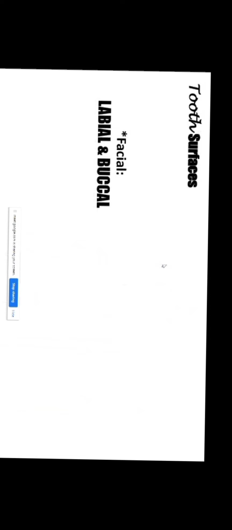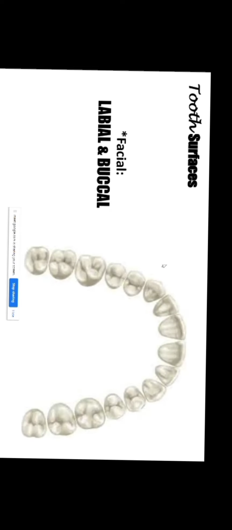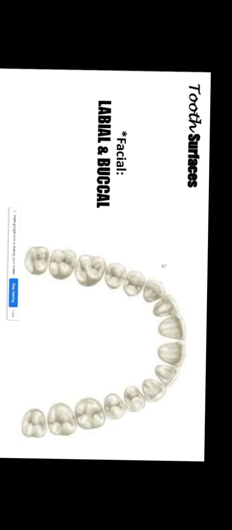Next, we have a collective term. Again, we have facial, then you have labial and buccal. But there's a difference between labial and buccal. Before that, I'll inform you that there are anterior teeth and there are posterior teeth. What are anterior teeth?